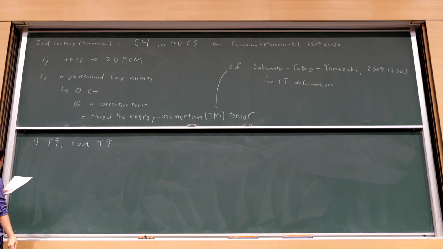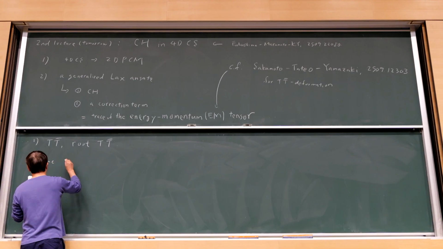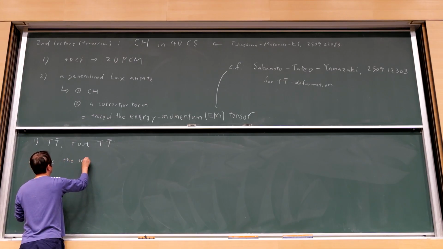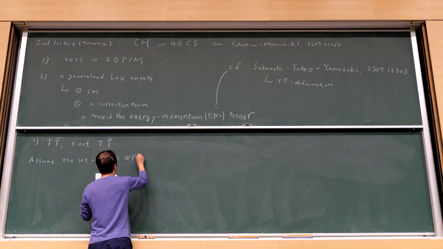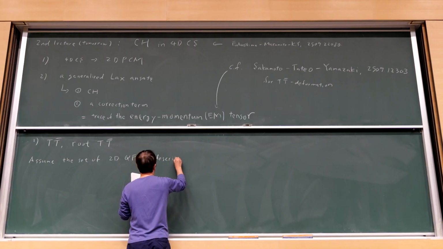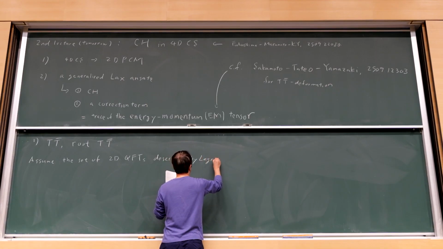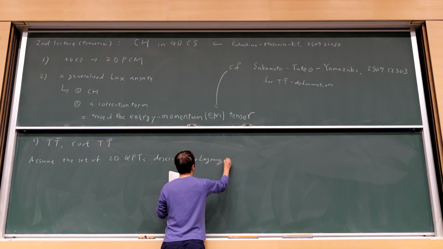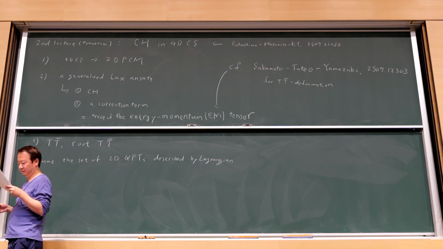First of all, let's assume the set of two-dimensional quantum field theories described by Lagrangians. Here we assume the existence of the Lagrangian description.